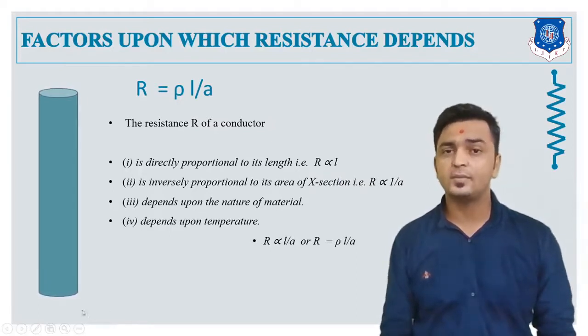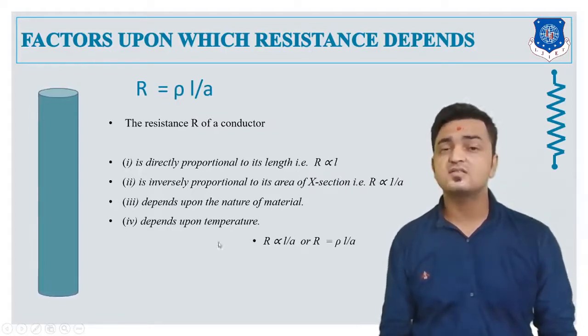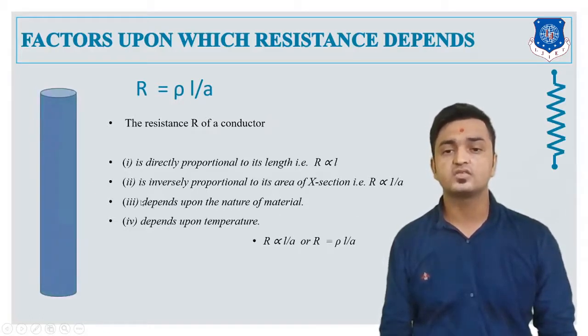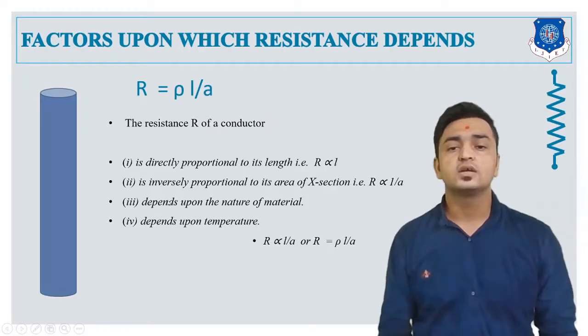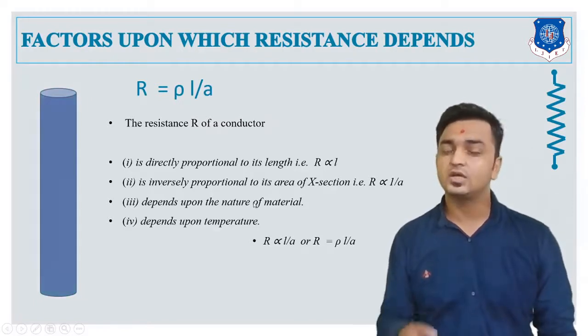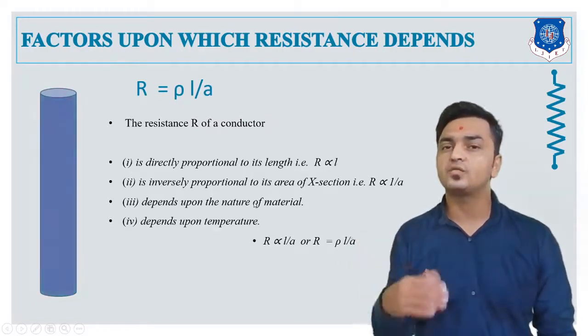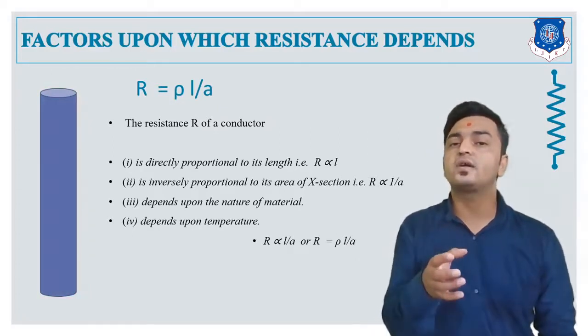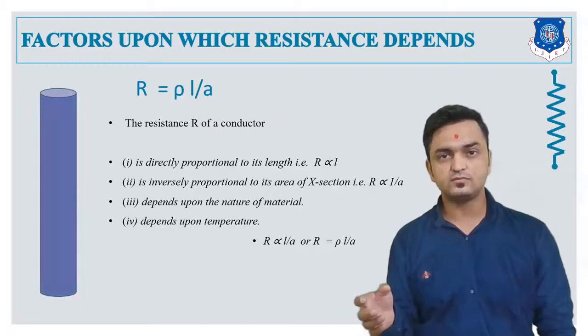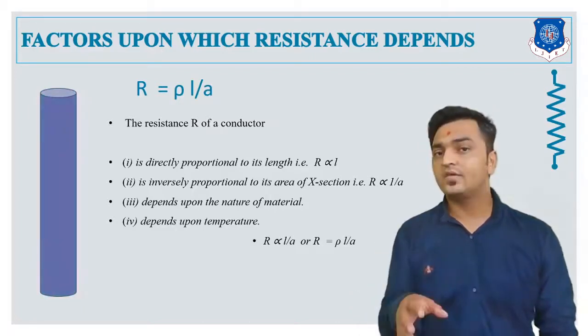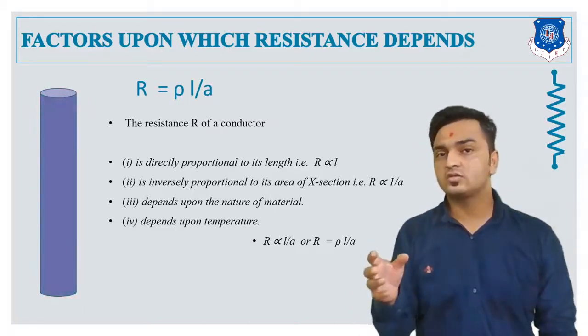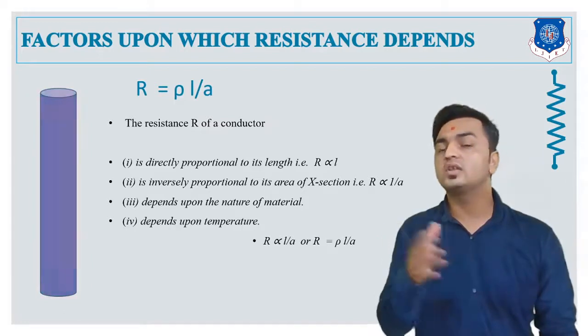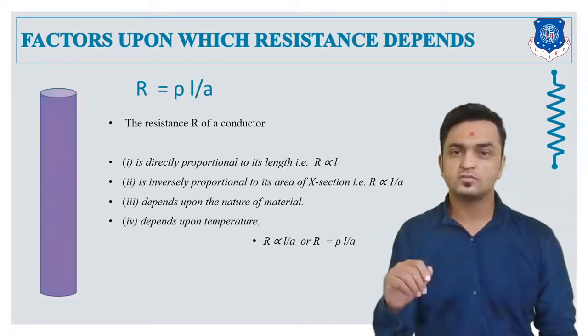Now the third parameter, and that is that resistance depends on the nature of material, which is given over here. Third point, depends on nature of material. If we use different types of material to form a conductor, then they will have different atomic structure. So the number of collisions with free electrons will change.